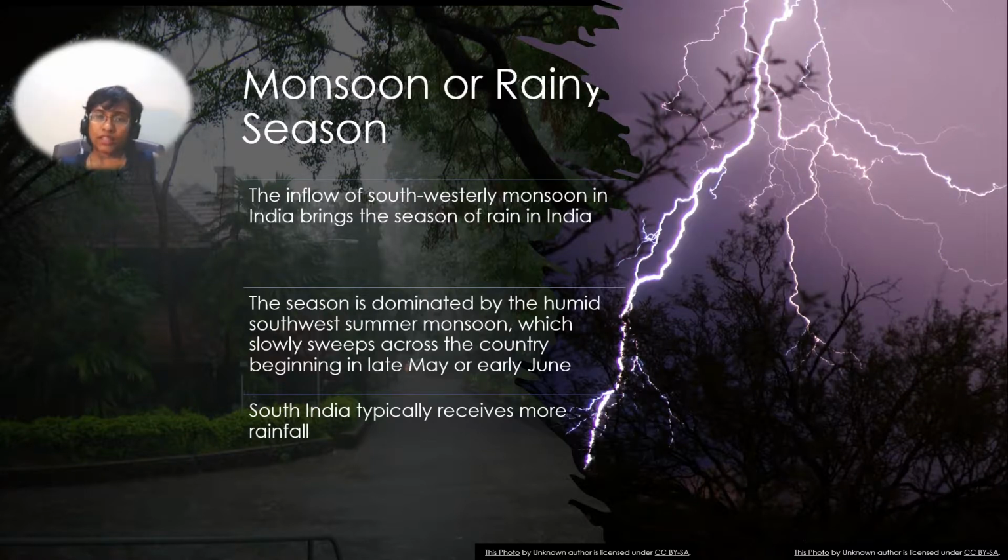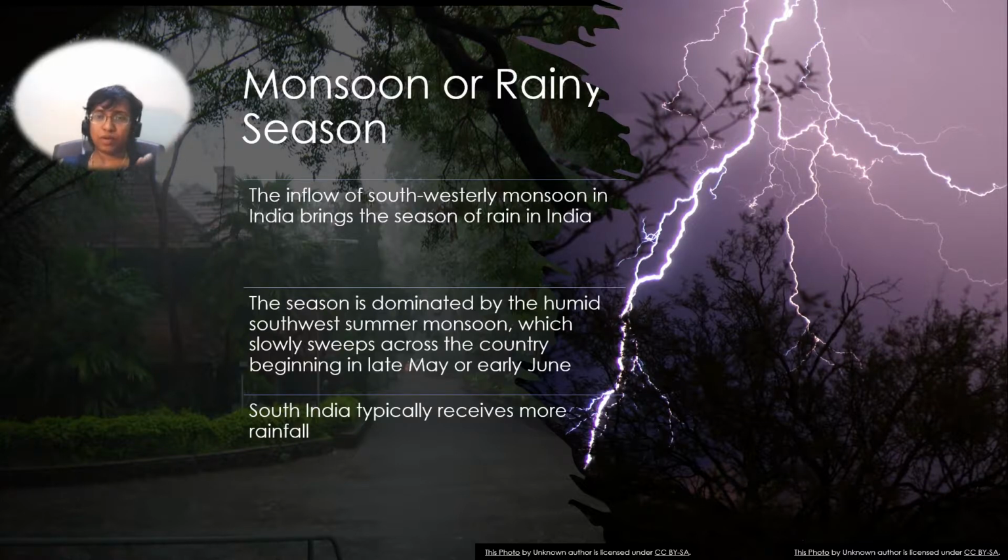The monsoon rains begin to recede from North India at the beginning of October. South India typically receives more rainfall in comparison to North India. About 75% of the annual rainfall occurs during this particular season. In this season, the cyclonic systems of low pressure called the monsoon depressions are formed.